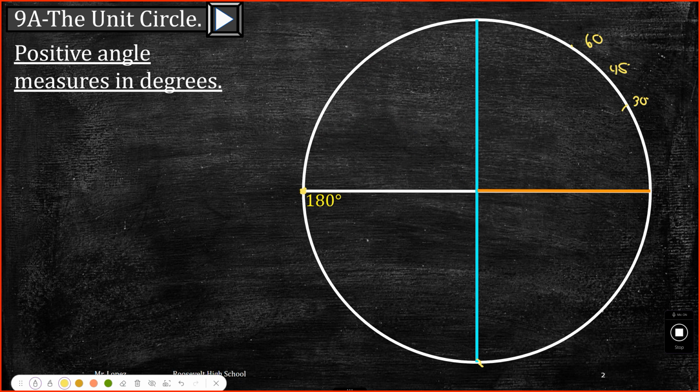So 180 plus 30 is 210. Then I go back to 180 and add 45. What's 180 plus 45? 225. I go back to 180 plus 60. What is that? 240.